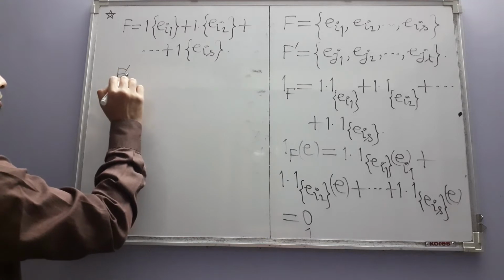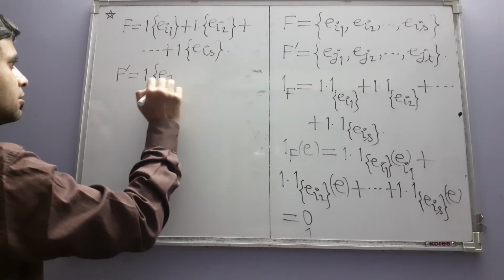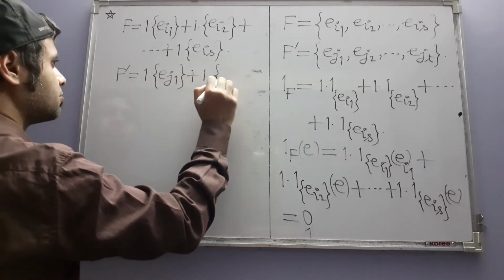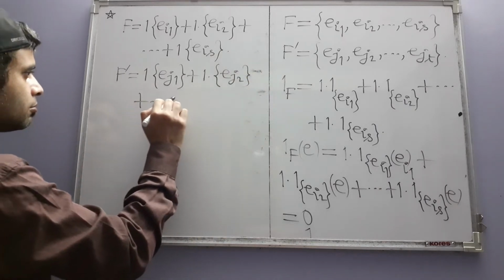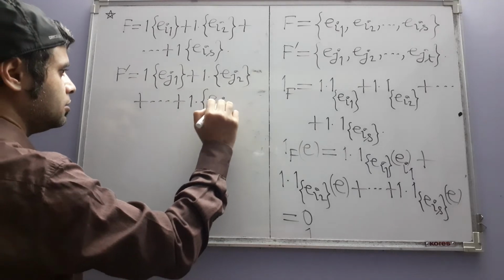Similarly, F prime is equal to 1 times e_{j1} plus 1 times e_{j2} etc. plus 1 times e_{jt}.